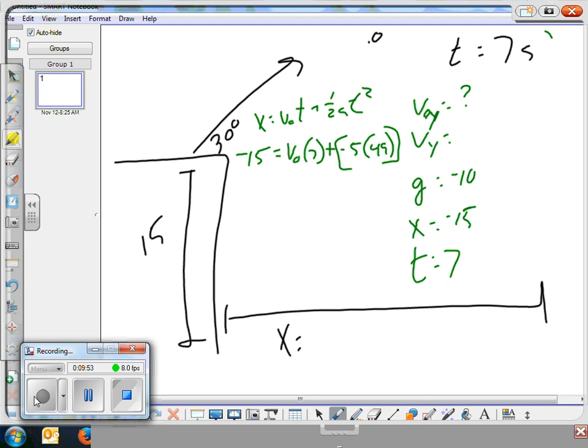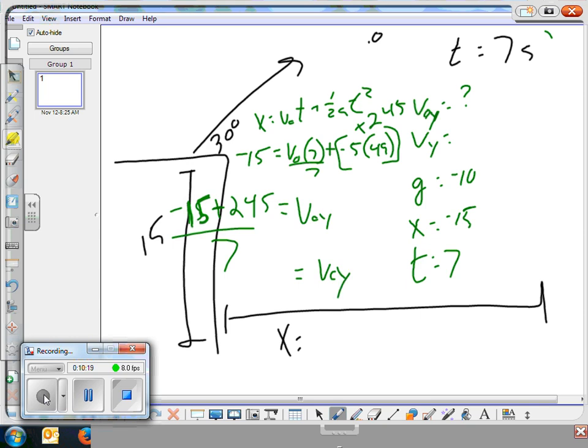Actually, we have to add 245 here, so it's negative 15 plus 245, and then we're going to divide by 7 to get our v sub naught in the y direction.